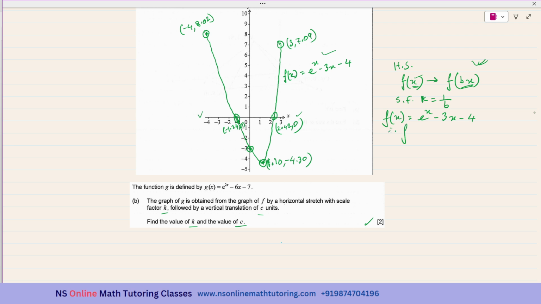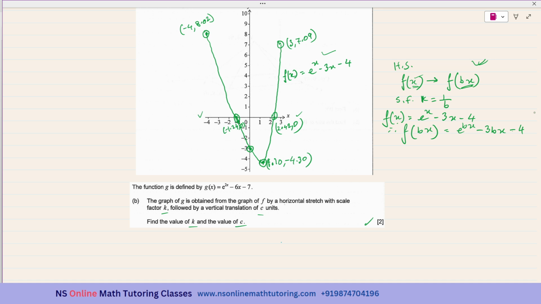Therefore, f of bx is equal to e to the power of bx minus 3bx. And minus 4 is not having any x, so it stays unchanged. So this is the expression for f of bx.